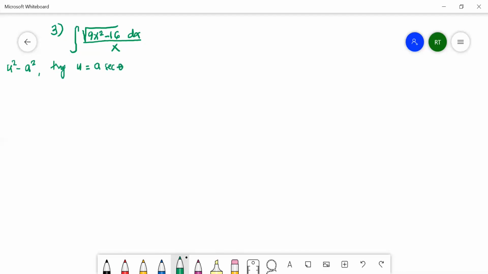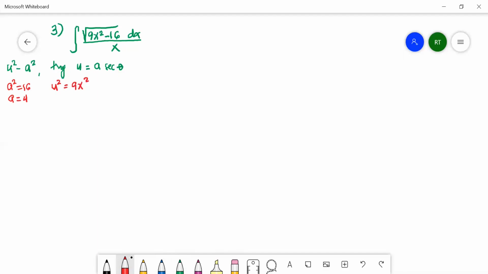Okay, so if we will have the substitution u is equal to a secant of theta, then we must have the value of u and a. And in the radicand, we have 9x squared minus 16. So we will consider a squared is equal to 16. Getting the square root of both sides of the equation will give us a is equal to 4. And we will consider u squared is equal to 9x squared.